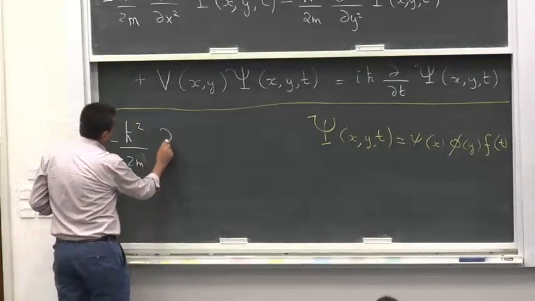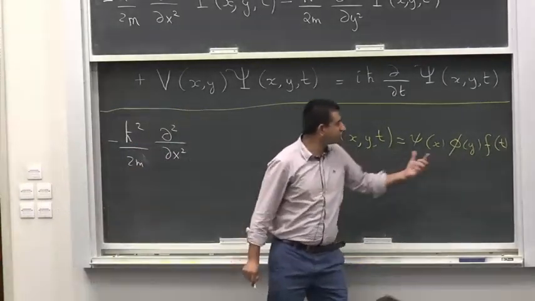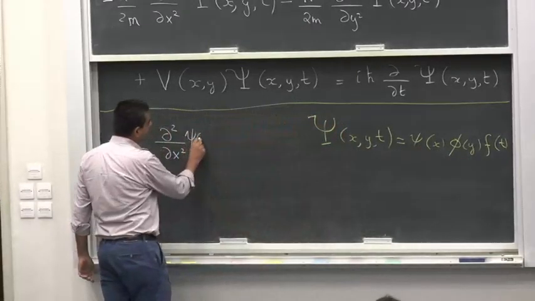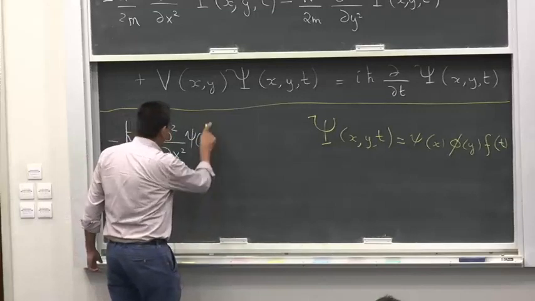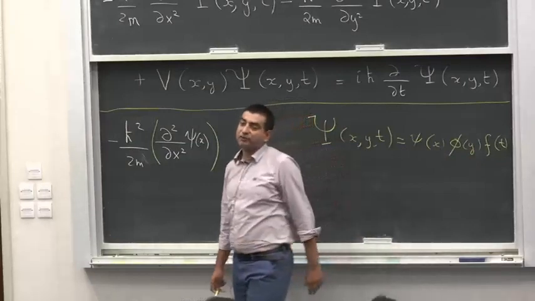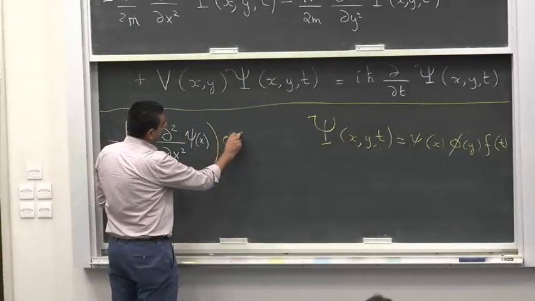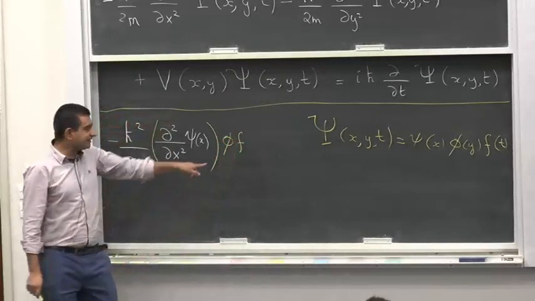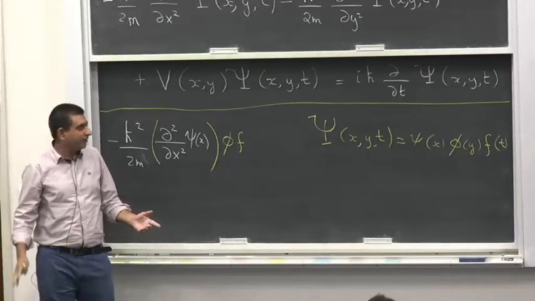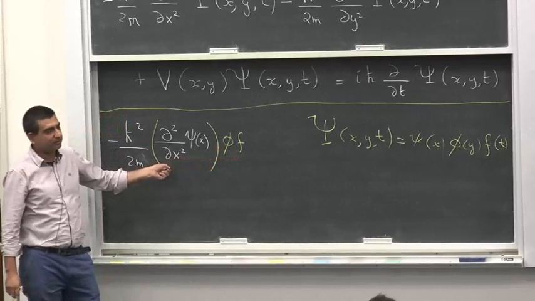So I take partial squared over partial x squared. Now out of these functions, only this function depends upon x. So this is psi, and these terms just come along for the ride as far as this term is concerned. So I put phi here and f here. Since these terms don't depend upon x, they just come for the ride. Okay? There's no need to differentiate these because these are constants as far as x is concerned.